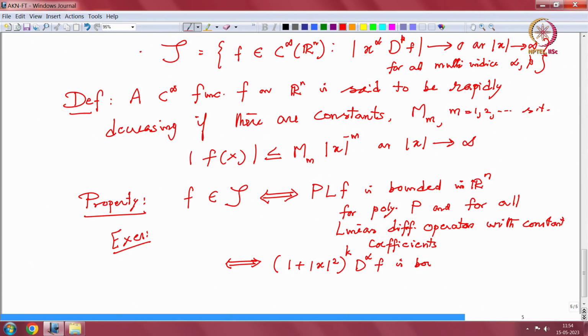You do not have to check boundedness for everything; it is enough to check boundedness with this polynomial, for all k greater than 0 and for all alpha.